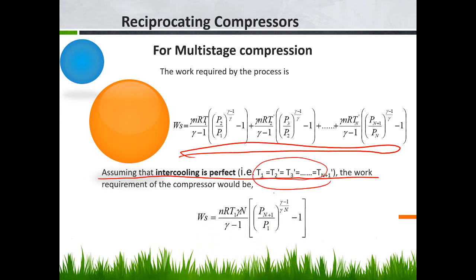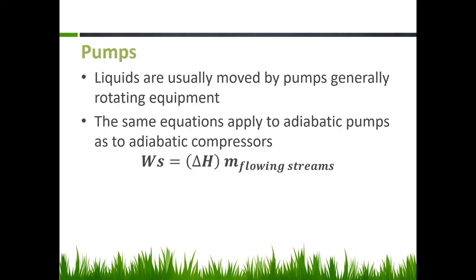Pag in-assume natin yon na equal yon, we can simplify yung multi-stage compressor work to this equation, where n is the number of stages. Okay, tapos na yung lecture sa different types, sa reciprocating compressors.